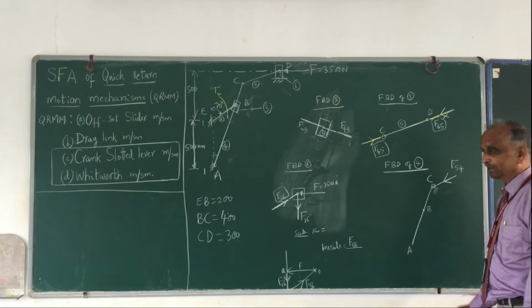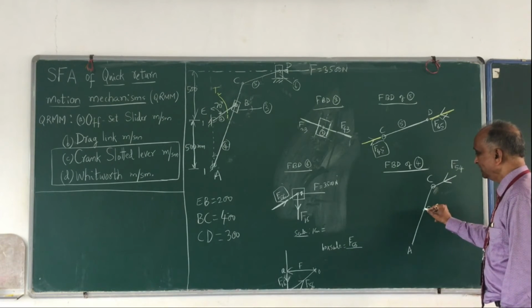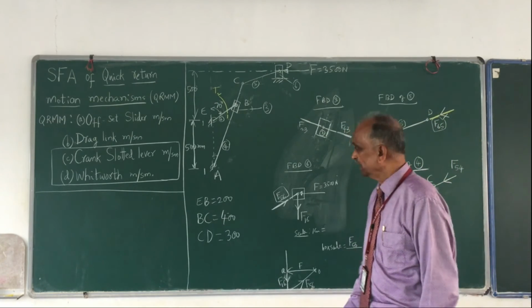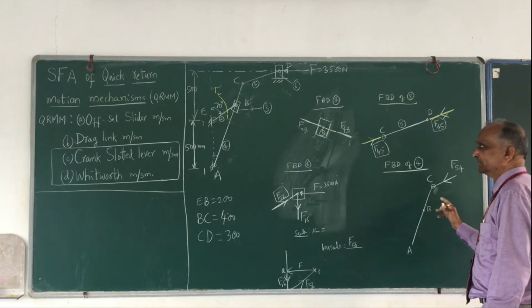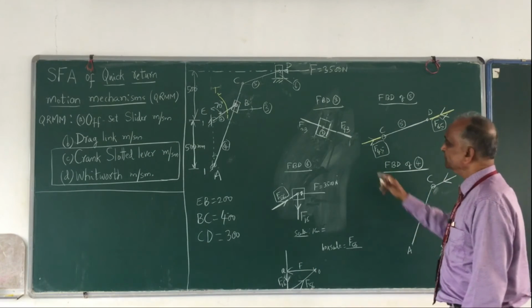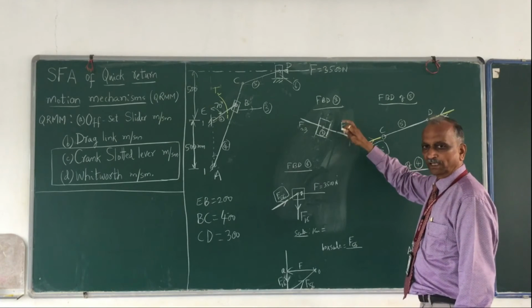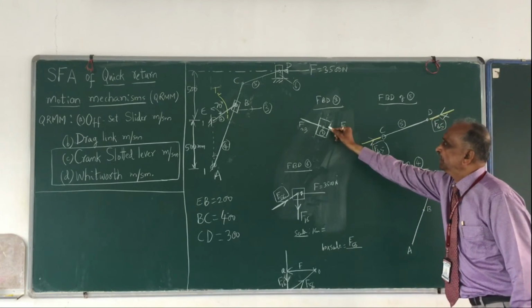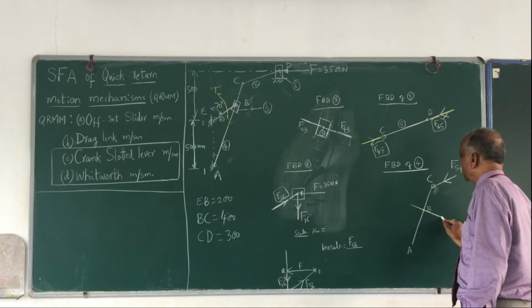Please remember, F54 is known. Then at B, what do you have? You have a connection between link number 3 and 4, and from 3 on 4, that is F34. F34 is exactly equal and opposite and has the same line of action as F43. So F43 will be, that is F34.